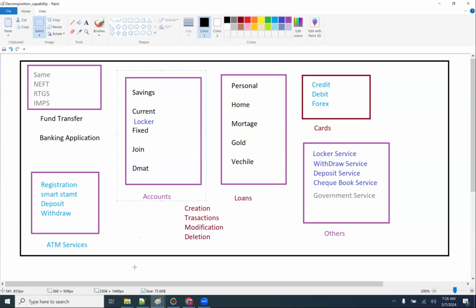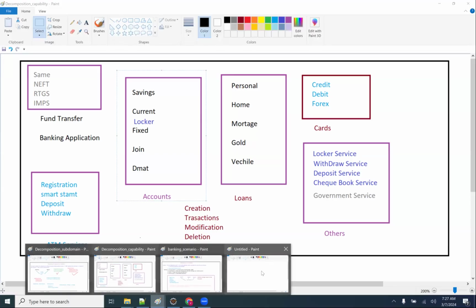Implementation is different. Demat, trading account, that is also completely different functionality. So you need to have an idea of the business. That's what I told, right? Whenever we are applying a decomposition pattern, you need to know the end-to-end business.